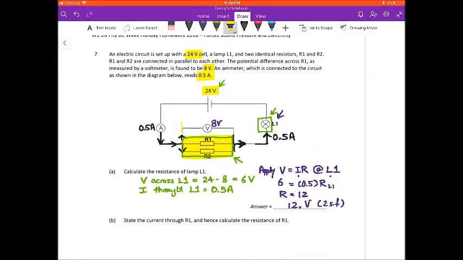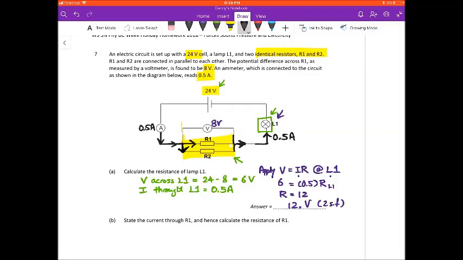Okay, so next thing, I'm supposed to find the current through R1. The other information given here is that I know R1 and R2 are identical in nature. Meaning that when the current splits, sorry, I split the wrong way. There shouldn't be any current split into the voltmeter. It should split this way. Okay, sorry, let me draw the box again. Yeah, like that. Because it splits this way, that means R1 and R2 have the same resistance, right?